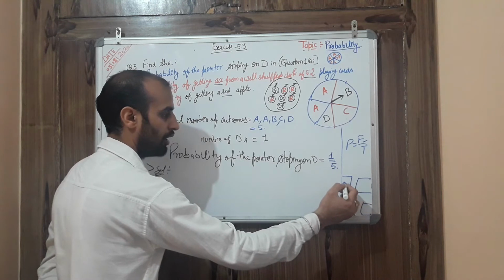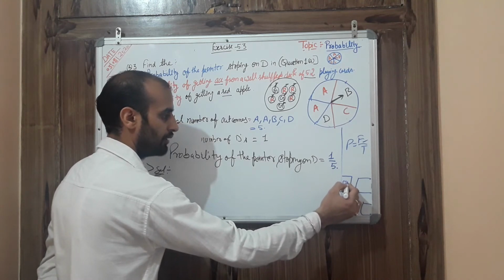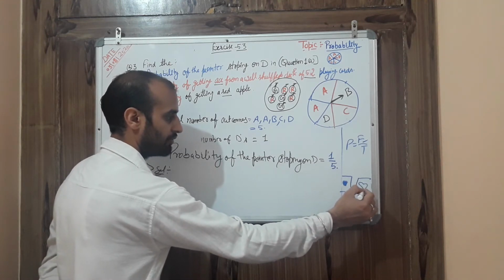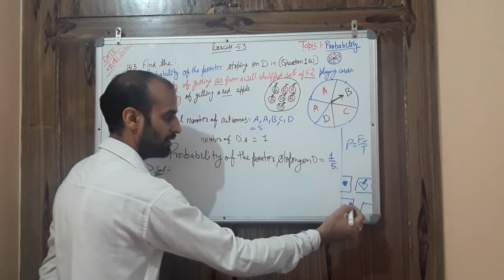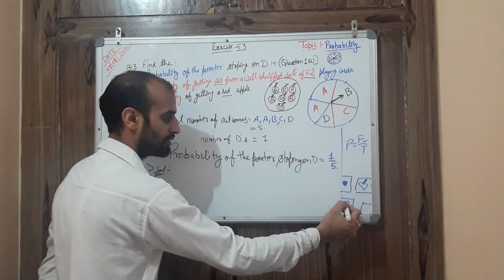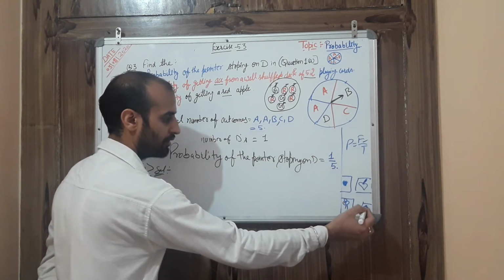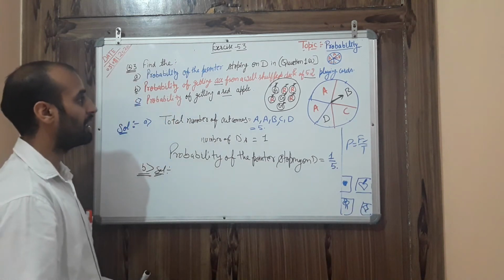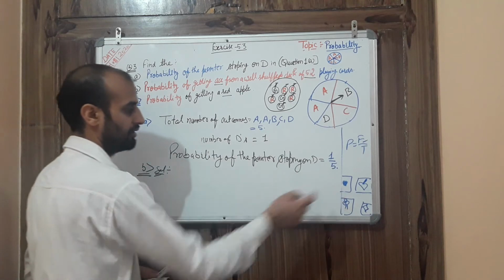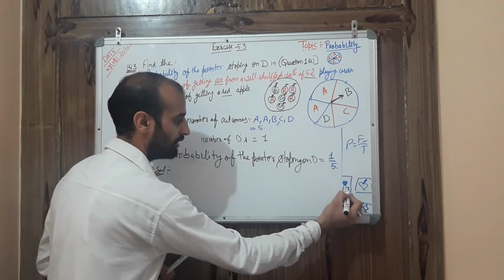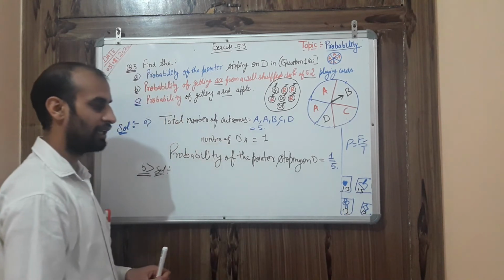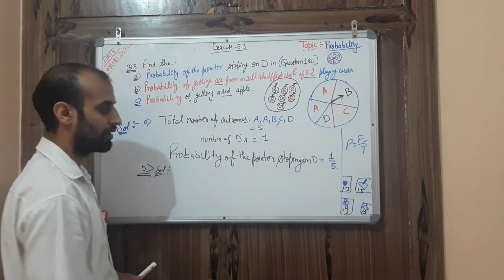One is the heart, which is red. Second looks like a leaf, third contains this kind of leaf, and fourth looks like a block. These are 4 types of cards, with 13 of each category. So we have red and black cards.